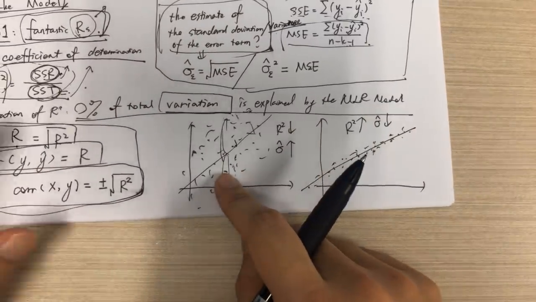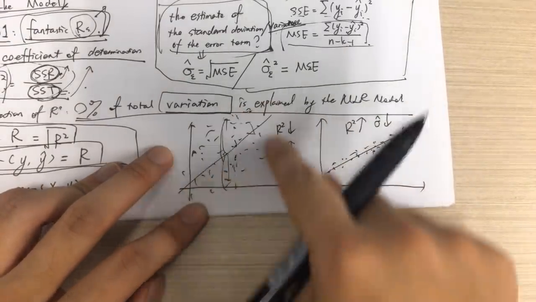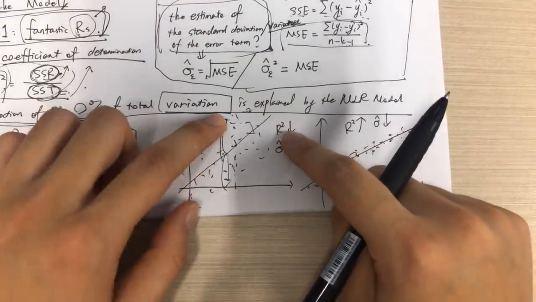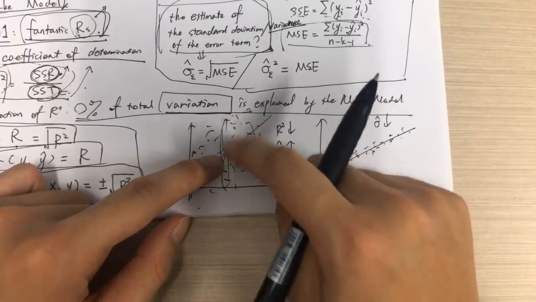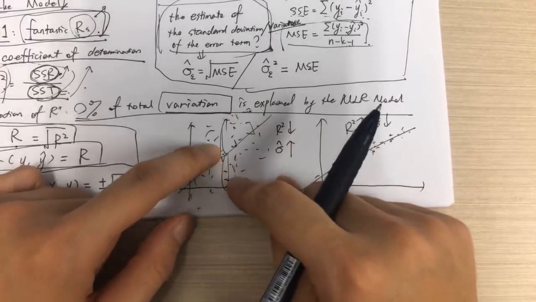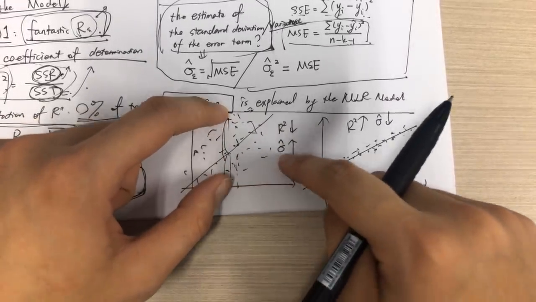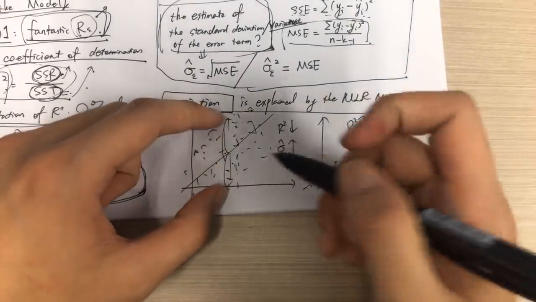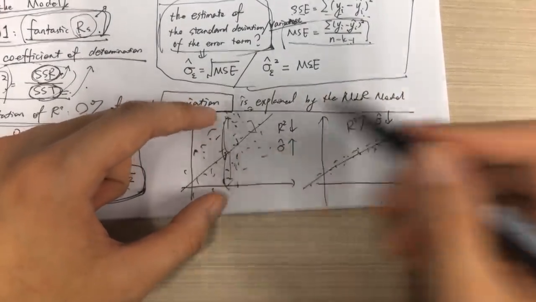And vice versa. If the model is not a good fit on the data, then R square will be lower because it didn't explain much of the variation in Y, so you're going to have a larger standard error in your estimation.